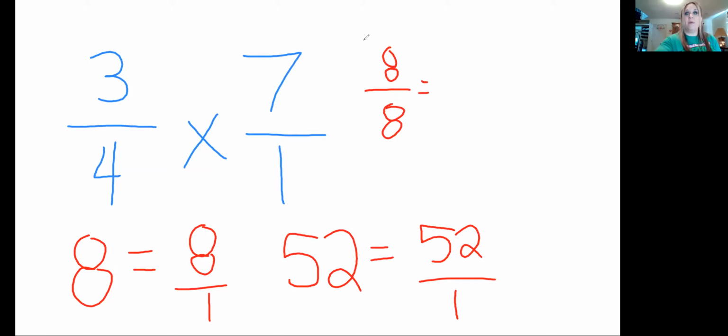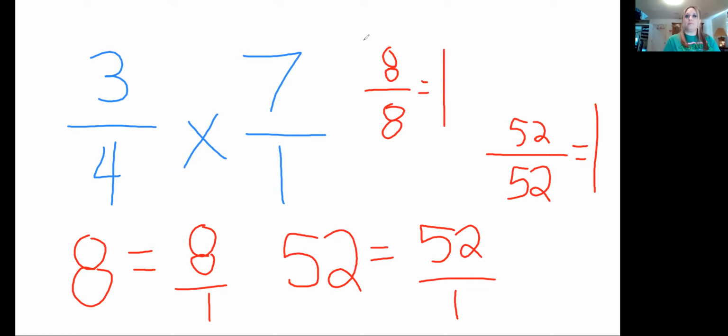Everyone? Yep, 1 whole. Good, and 50/2? That's right, still the number 1. So whenever I have a whole number, to change a whole number to a fraction, I just put it over the number 1. Whole number, change it into a fraction, put it over the number 1.